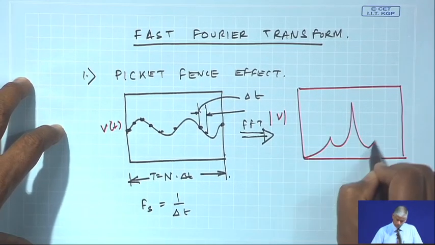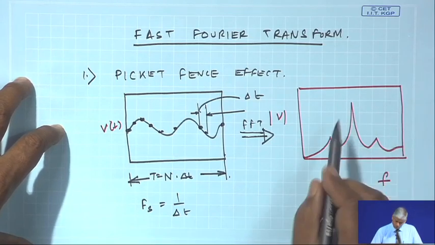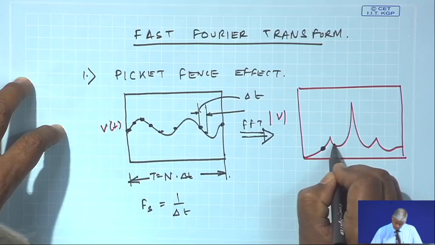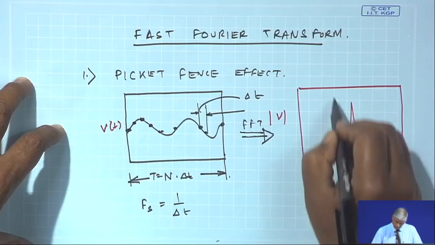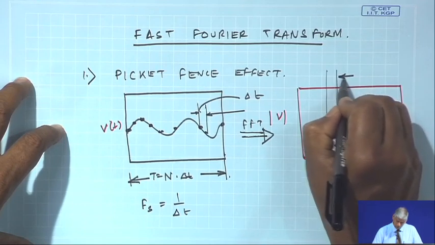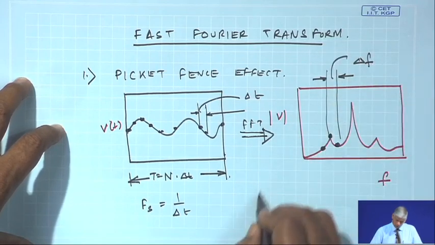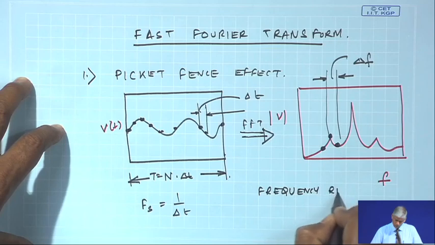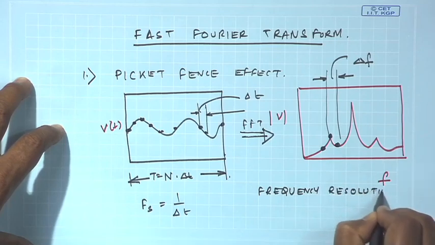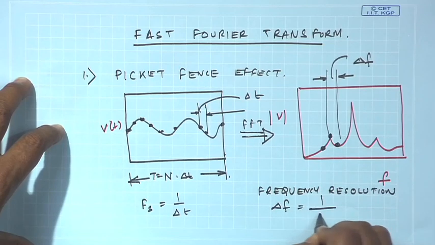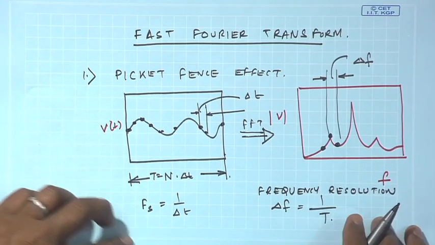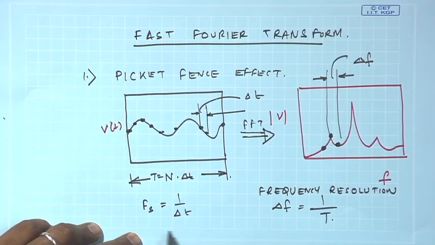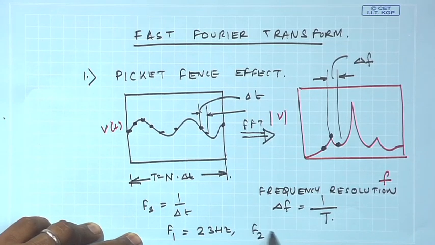I may get some signal like this, where the spacing between two successive points is delta f, where the frequency resolution delta f is nothing but 1 by capital T. Now, question is, in a practical signal, suppose my signal has a frequency f1 as 23 hertz and f2 as 23.01 hertz.